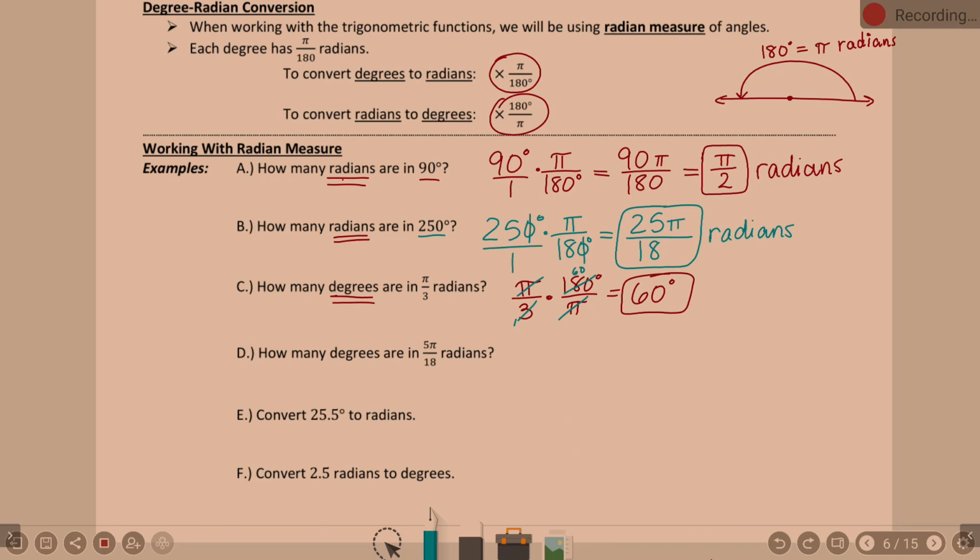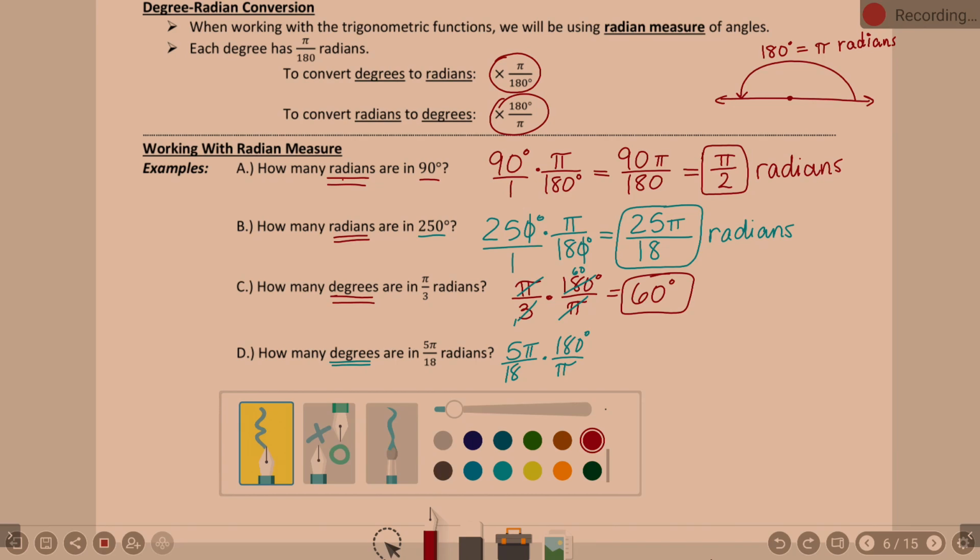How many degrees are in 5 pi over 18 radians? What do we do? Multiply it by 180. It's 5 pi over 18. We're trying to go to degrees, which means I'm going to multiply by 180 degrees over pi. Of course, the pi's definitely cancel.